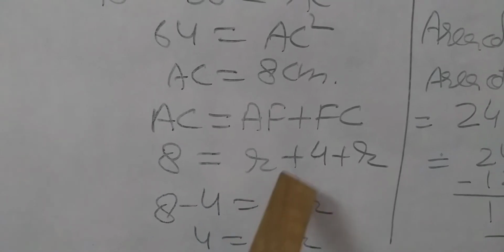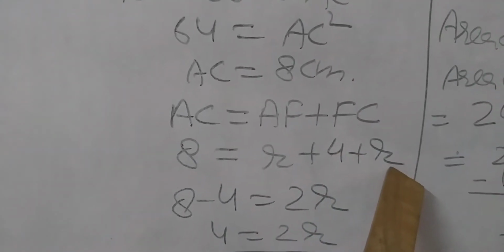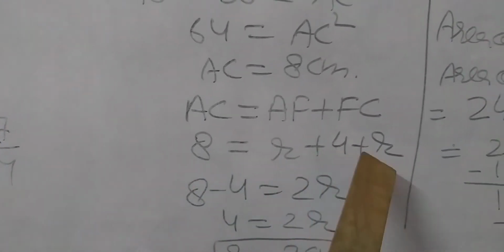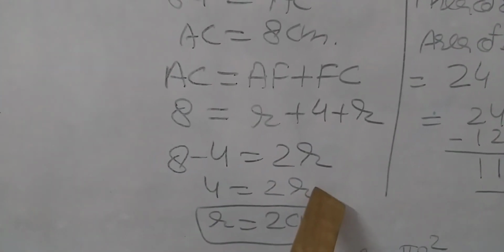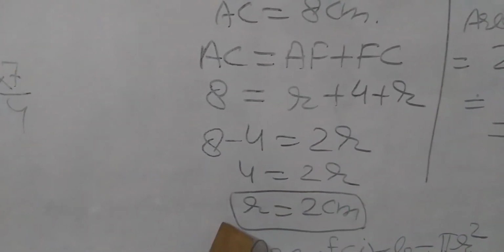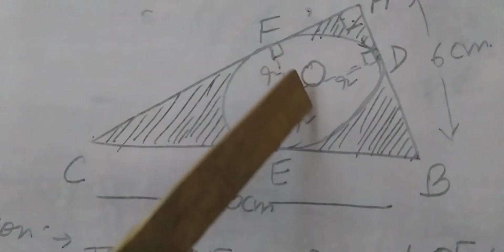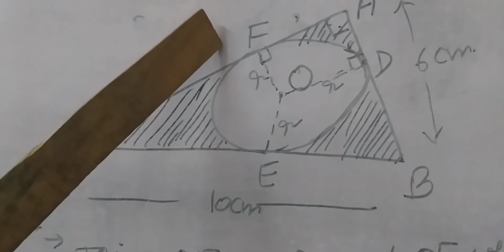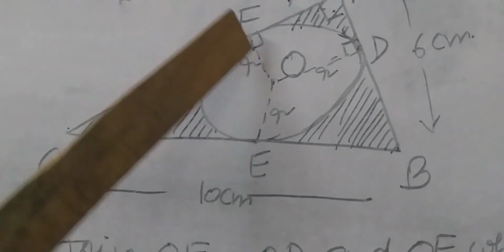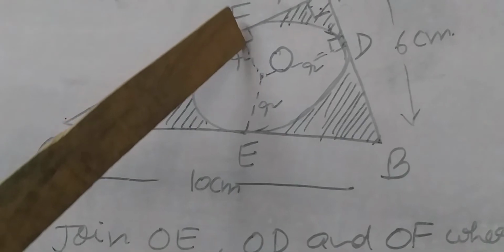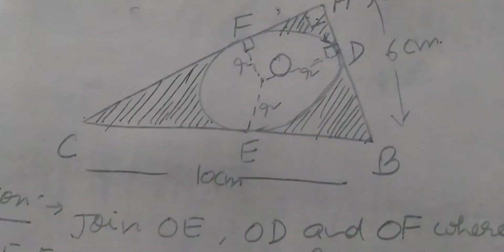So 8 minus 4 equals 2R. 4 equals 2R, R equals 2 centimeter. So by this method, students, using the tangent, we have calculated the radius of the circle, R equals 2 centimeter.